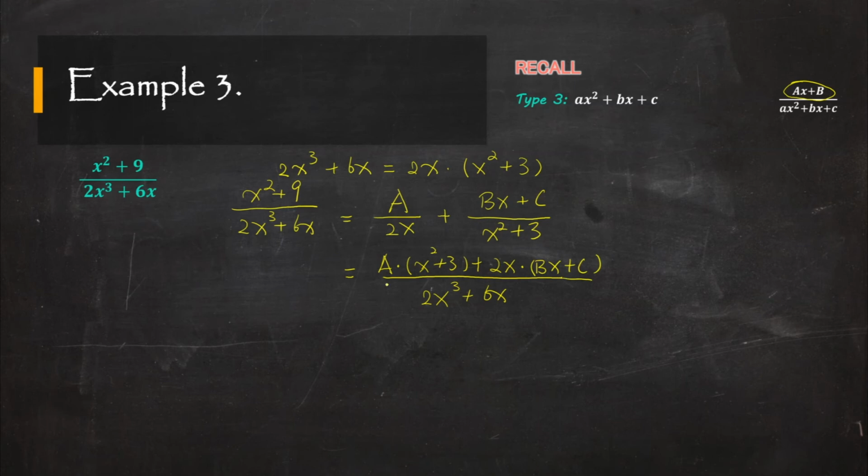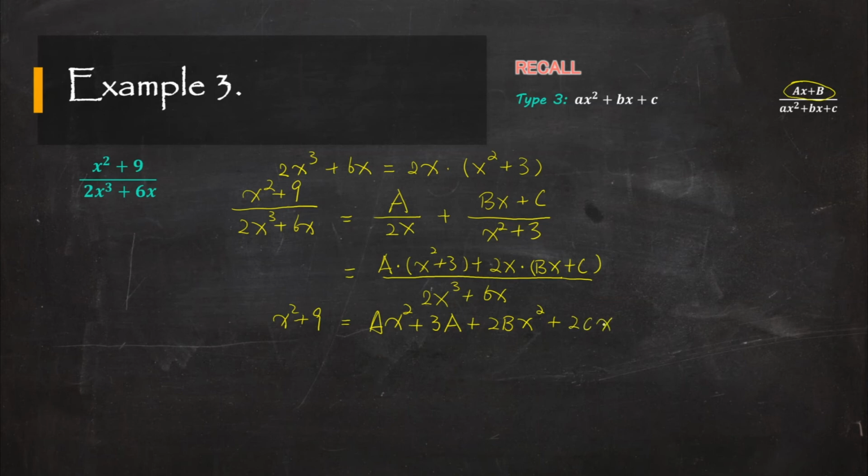So we set up the equation for both numerators. So the left equals the right. So we have x squared plus 9 is equal to, so actually here we can distribute the a to whatever is in the parentheses. So it's ax squared plus 3a plus, here is going to be 2bx squared plus 2cx.